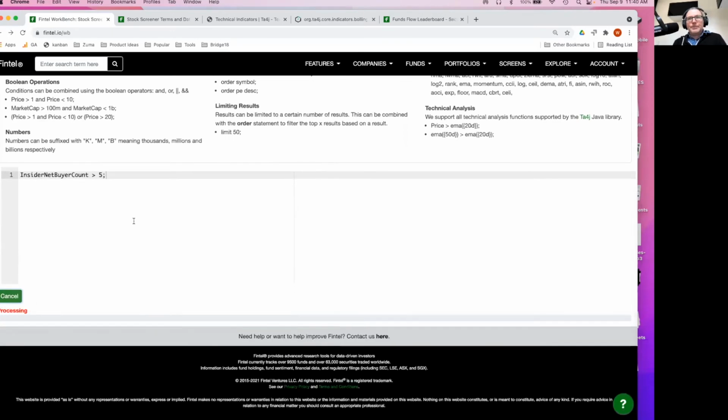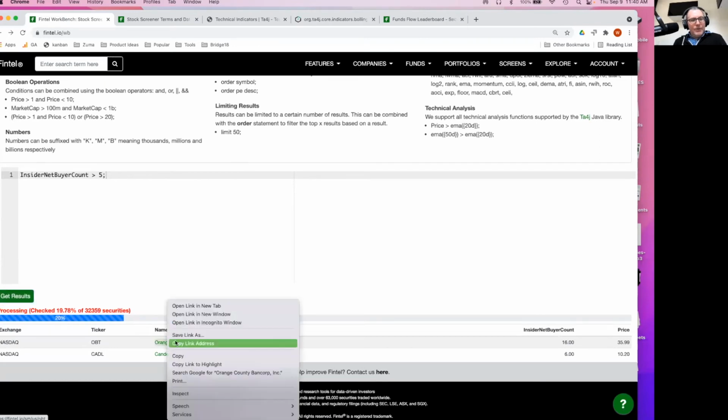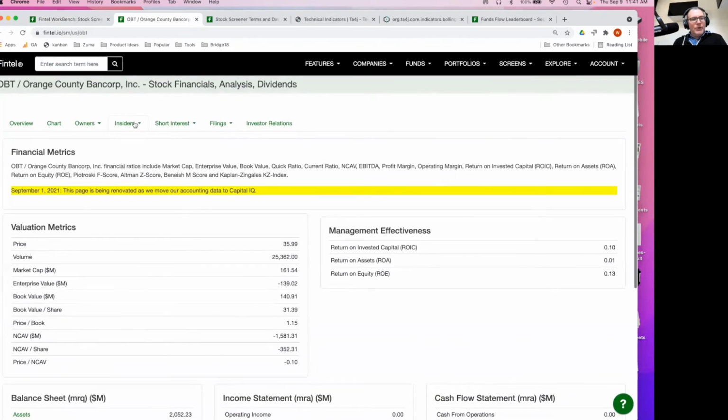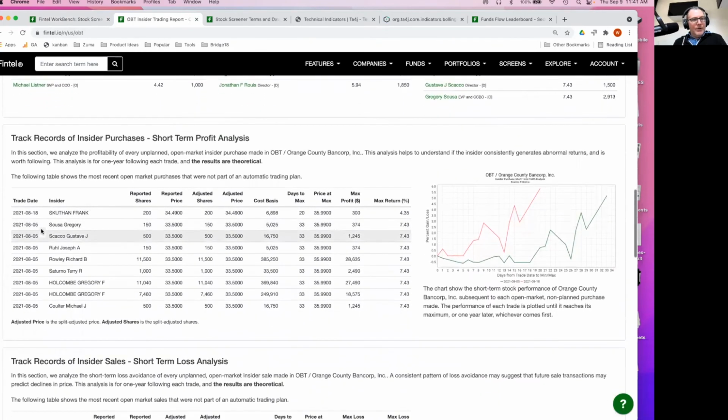And then the question is, does the query support or conditions? The answer is yes, the queries support or conditions. I could go dig into here. I'd have to open that tab and then actually go look at the insiders and see who the insiders were buying. And here they are right here. Here's August 18th, August 5th. You can see Frank and so forth.